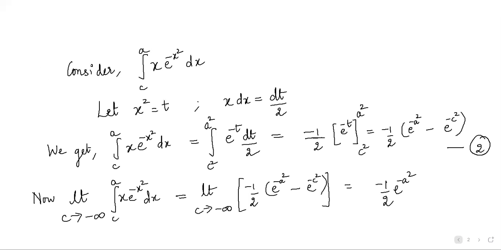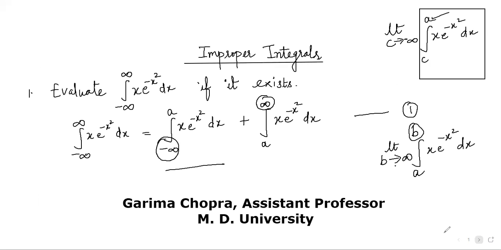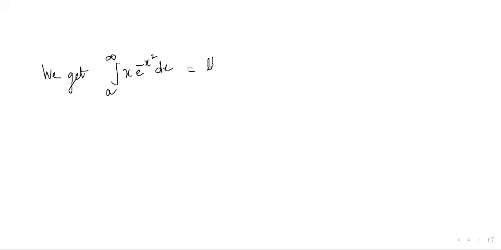We get the second integral which is present at the right hand side: a to infinity x e raised to power minus x² dx. We can check here, it is from a to infinity, and this is limit b tending to infinity.